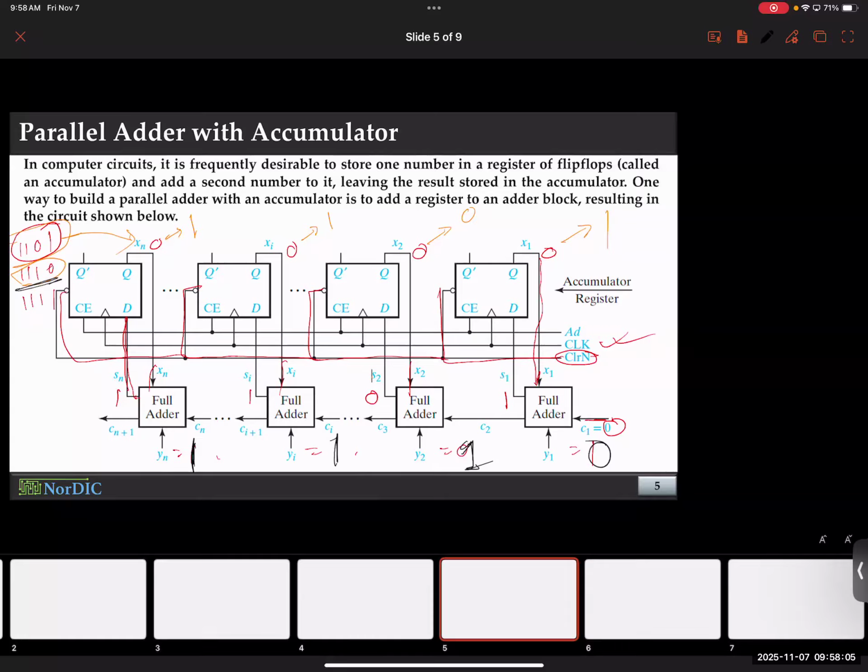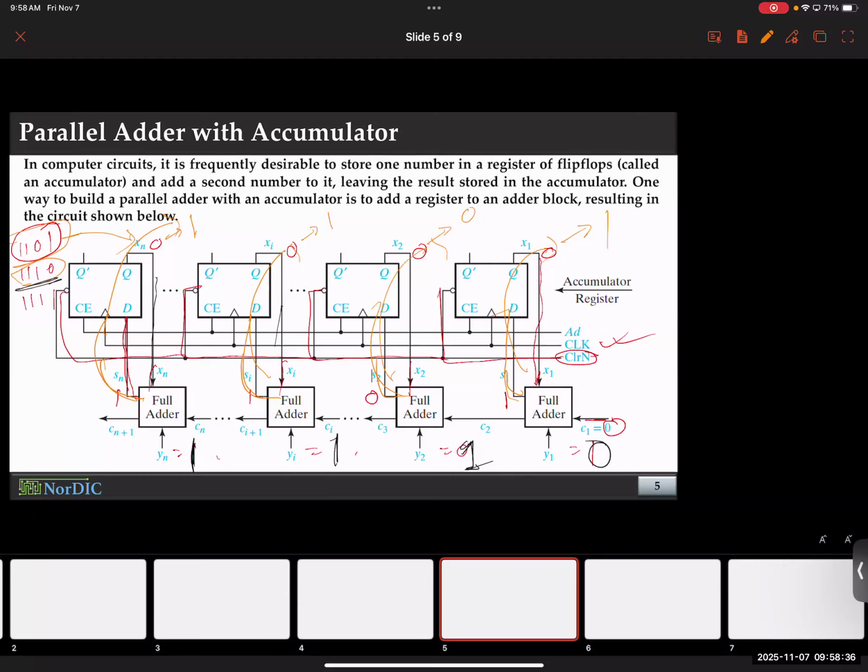So now you're ready with both X and Y. You have X already set up, you have the Y input, and now they will be added together, and the sum that you will get, this is gonna get messy, but you'll get a sum, and that sum will directly be fed to the flip-flop, and the flip-flop will send it to its output. So what does the flip-flop output contain now? The flip-flop output contains the sum of the first two numbers.